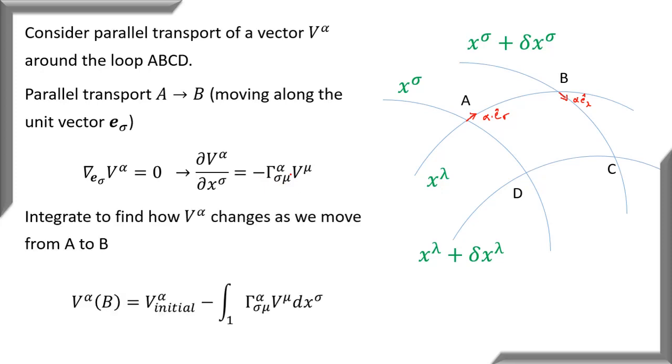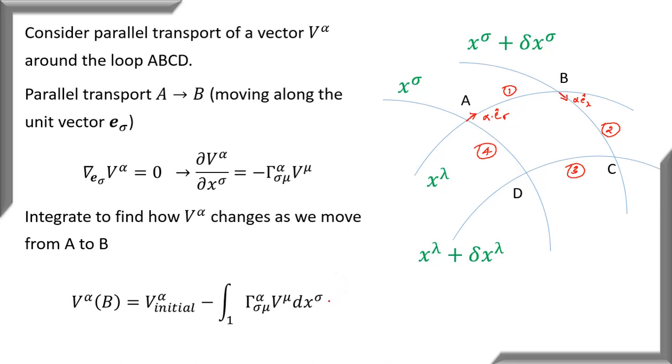Now I can find the value of V alpha just by integrating this equation over here. I can integrate with respect to x sigma. When I integrate it, I will get an integral which is along the path 1, plus a constant.